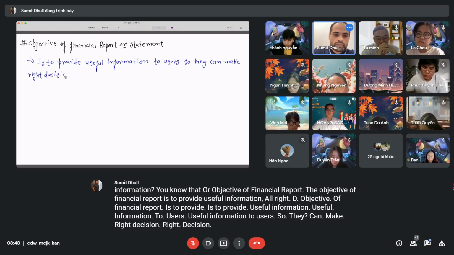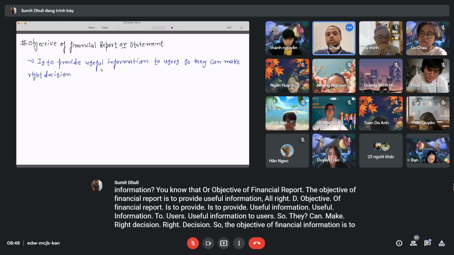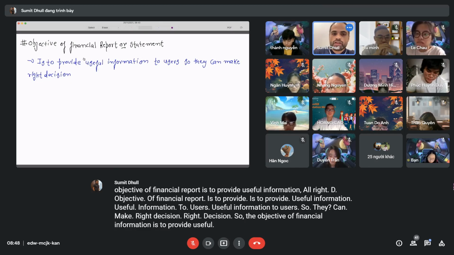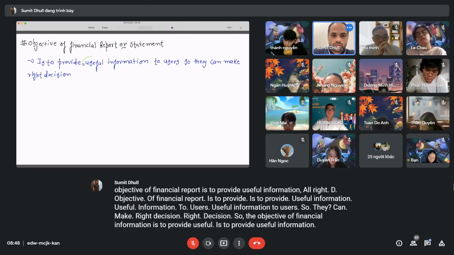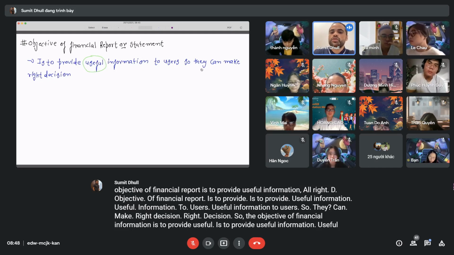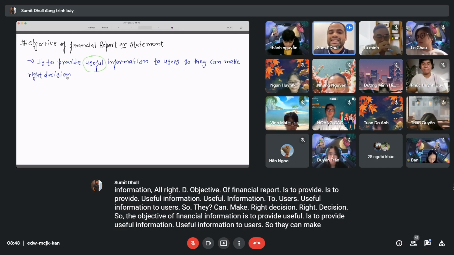So the objective of financial information is to provide useful information to users so they can make right decision.